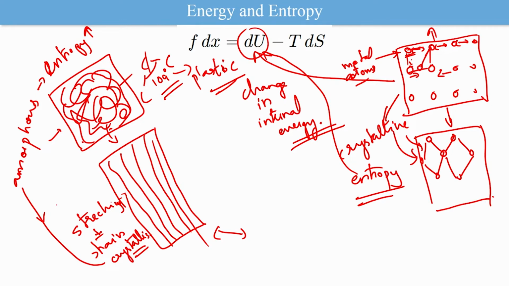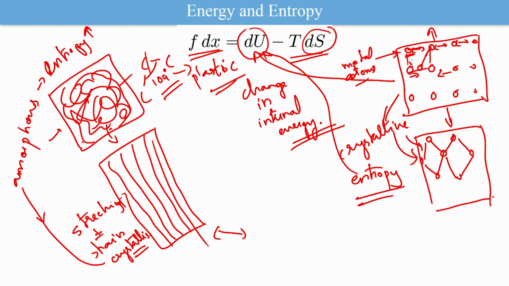So, the predominant effect in the work done of a rubber material or a polymer when we apply and release is basically due to the change in entropy. Of course, there is some change in volume, but still most of the effect comes from the entropy change.